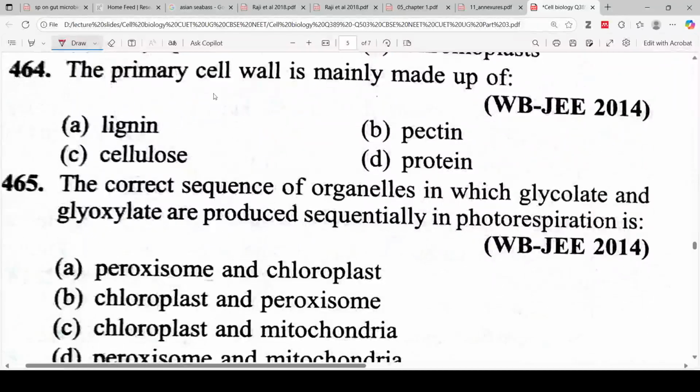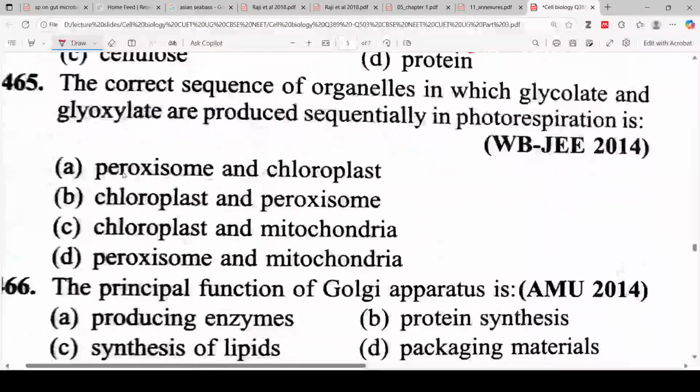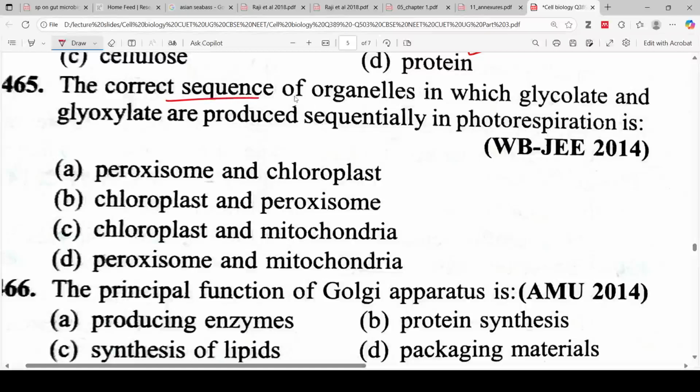Next, the primary cell wall is mainly made up of pectin. The correct sequence of organelles in which glycolate and glyoxylate are produced sequentially in photorespiration.